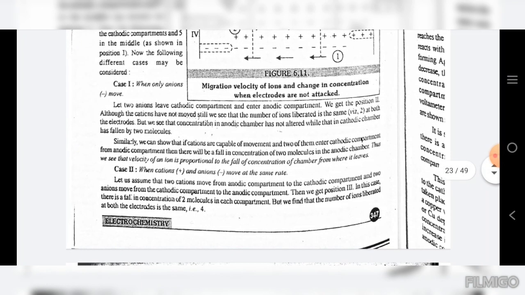Now the following different cases may be considered. Case 1. When only anions move, let two anions move from the cathodic compartment to the anodic compartment. We get position II. Although the cations have not moved, we see that the number of ions liberated is the same at both the electrodes, but the concentration in the anodic chamber has not altered while that in the cathodic chamber has fallen by 2 molecules.